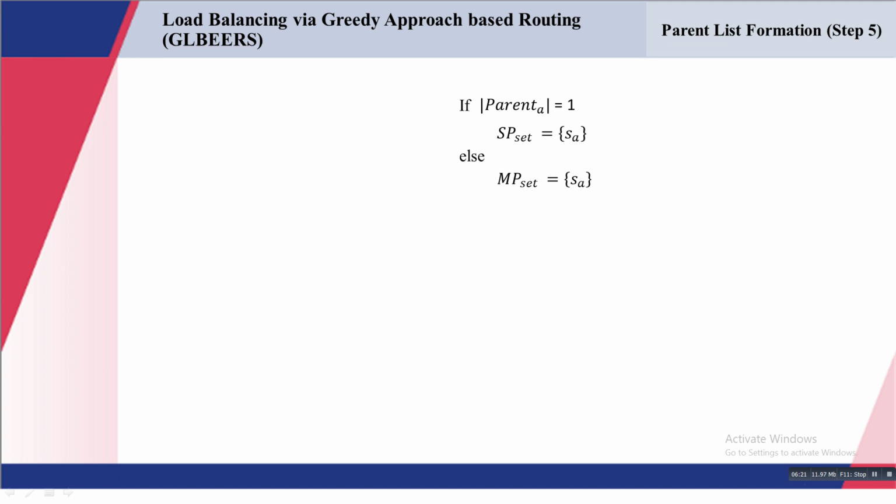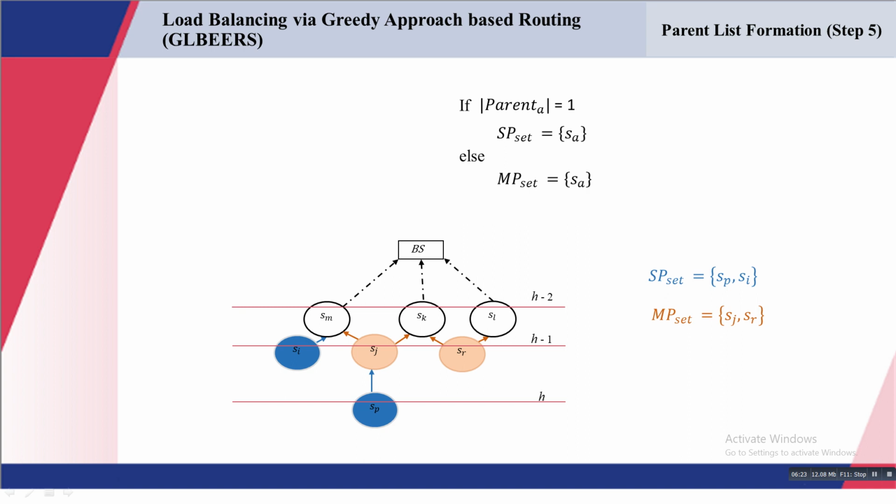In this figure we can see that the ith and the pth node will lie in the single parent list because they have only a single parent, and the rth node and the jth node have multiple parents, so they will lie in the MP set.